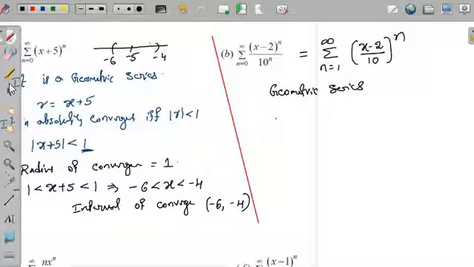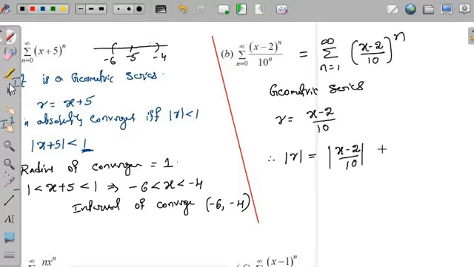And here r is going to be x minus 2 divided by 10, and you know that it is absolutely convergent if mod r is less than 1. So mod r, which is mod x minus 2 by 10, has to be strictly less than 1. This means mod x minus 2 is less than 10.